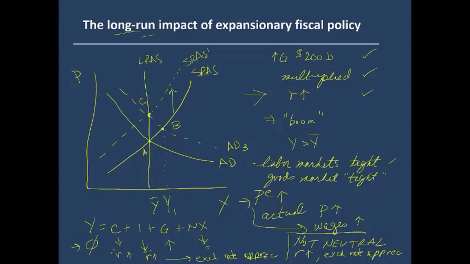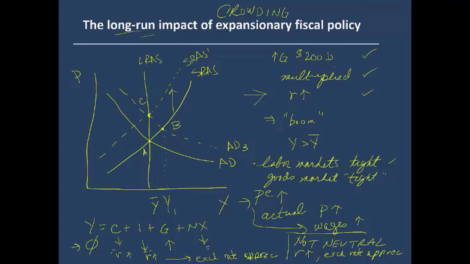What's happening here is higher government spending has crowded out private investment spending and other forms of spending as well. Okay? I'm going to write it up here. I've run out of room.